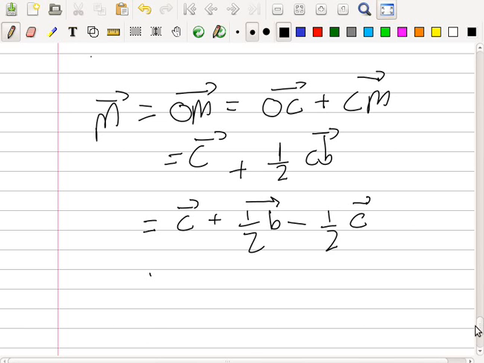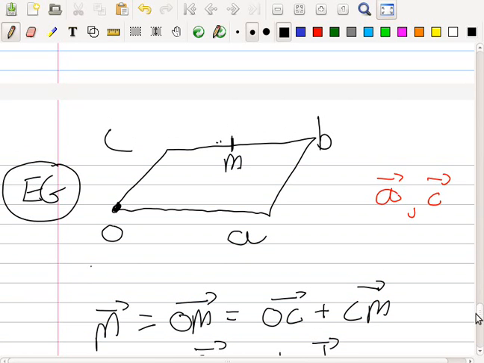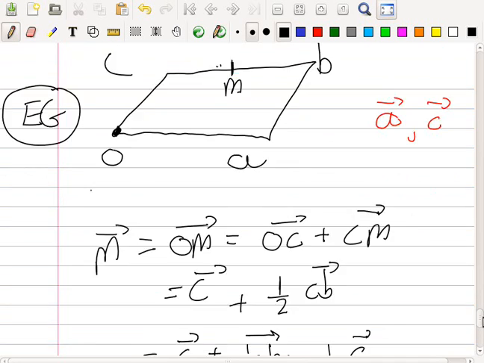Now if I go back to my graph, which vector is B? That's going to be here, O to B. But what does that equal? Well, O to B equals O to A, which is just A, plus A to B, which is just OC. So B is actually equal to A plus C. So I can replace that now.